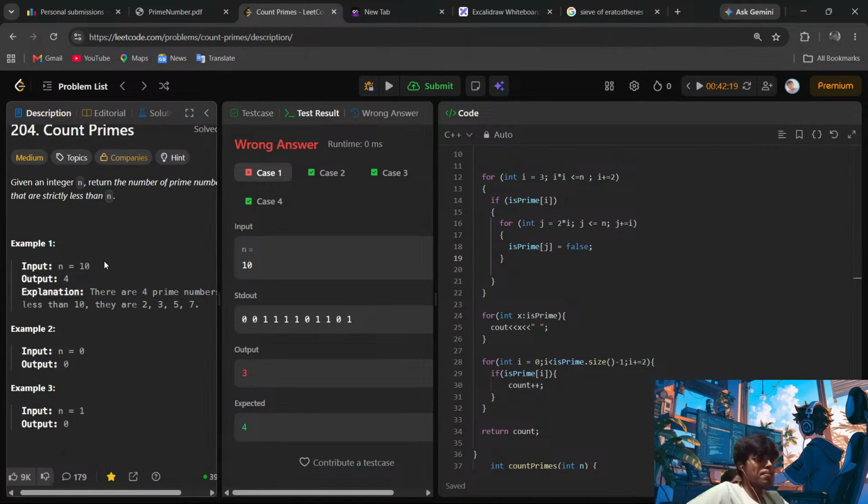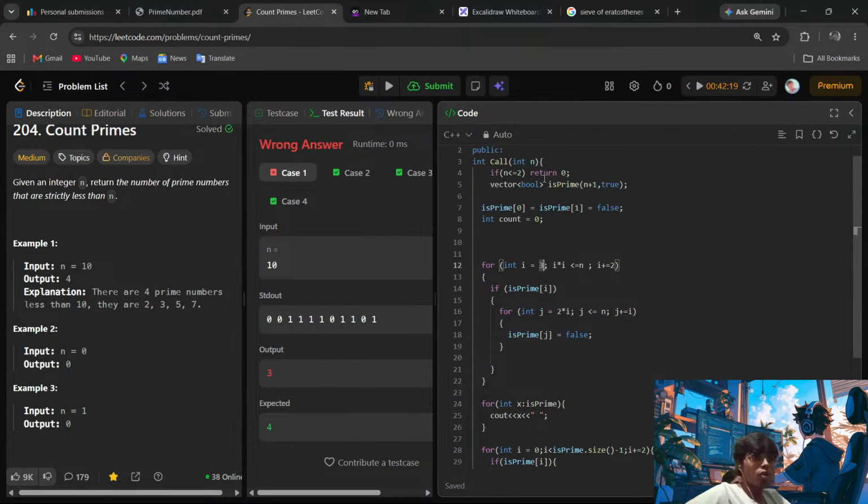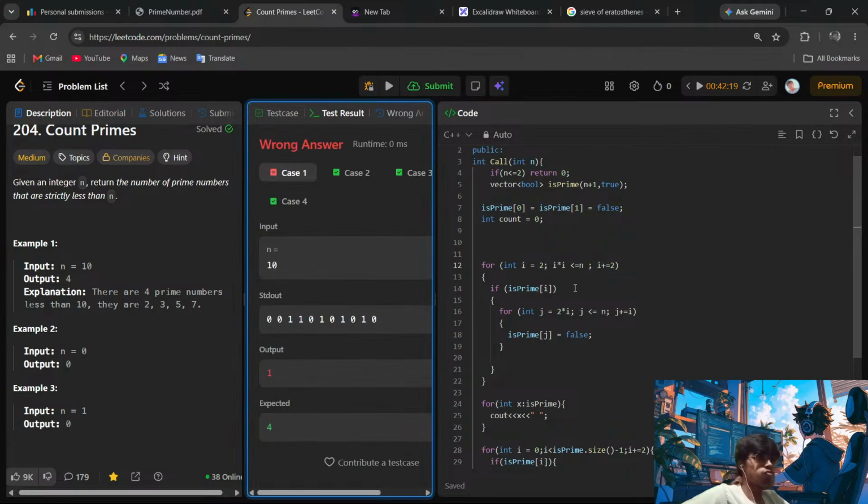So wait a moment. Let me think. This 2 I is equals to 2. And also something went wrong.